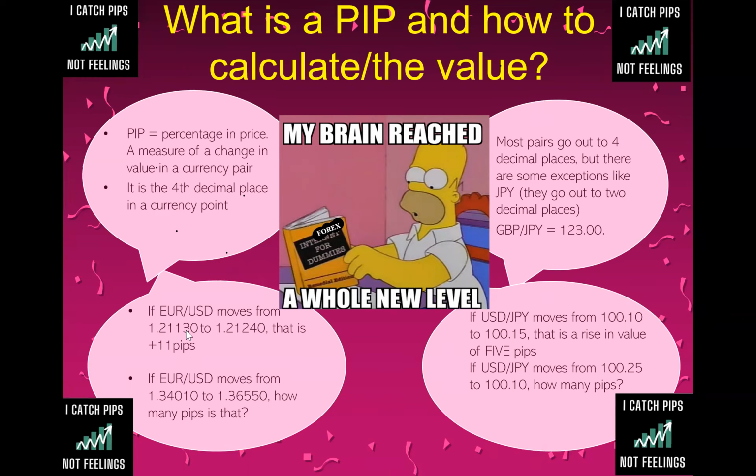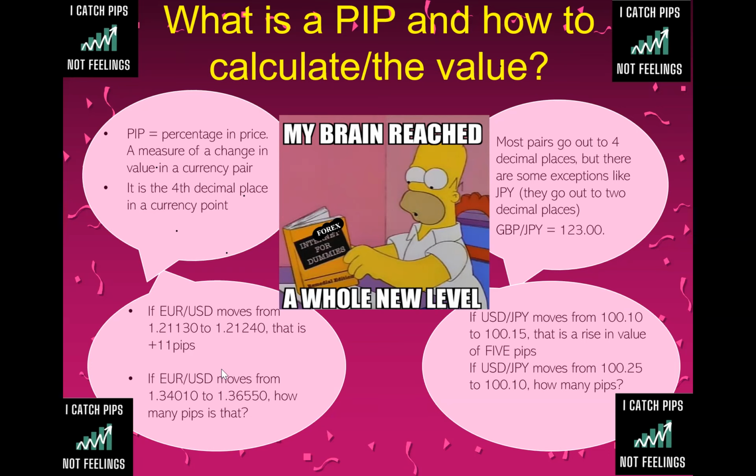As you can see, it's gone up from this to that, so you do 2124 minus 2113. When you do that, your calculator gives you 11 pips. Does that make sense to everyone?